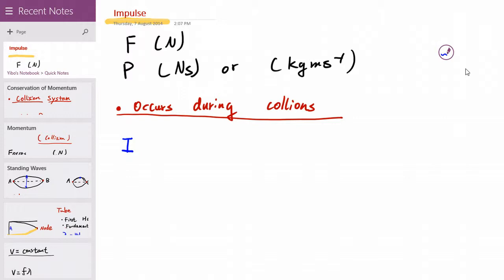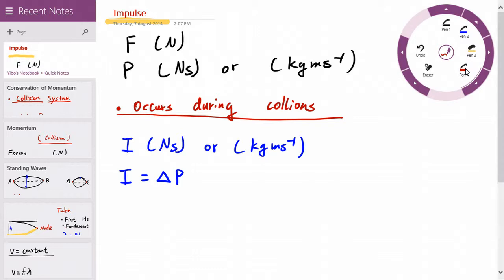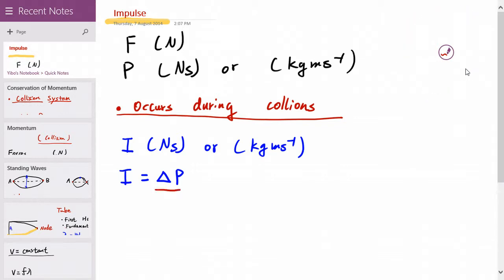When I'm introducing impulse, it has a simple symbol, a capital letter I for impulse. Its unit is Newton seconds or kilogram meter per second, the same unit as momentum. But the difference is impulse is defined as the change of momentum of only one object.